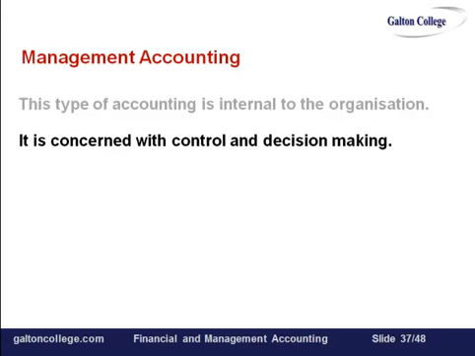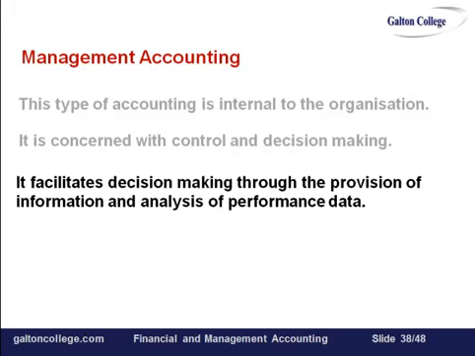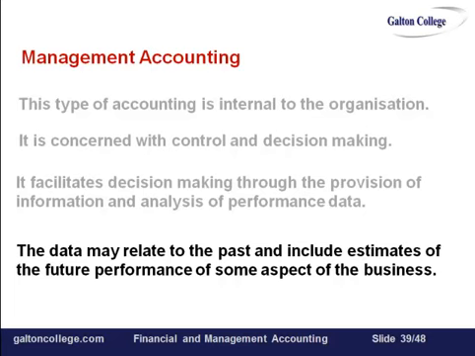Management accounting facilitates decision making through the provision of information and the analysis of performance data. So it is a big management tool, a big management activity. The data may relate to the past and include estimates of future performance, but these are done in a scientific or quasi-scientific manner.